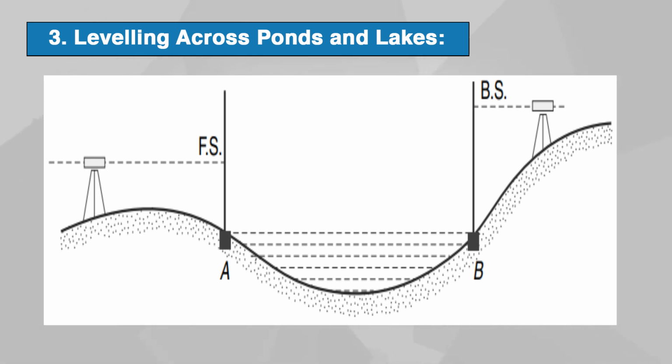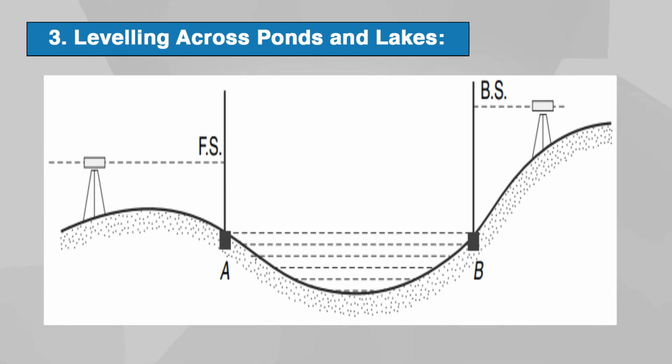Now, the next one is leveling across ponds and lakes. When a pond or lake is too wide to sight across, drive two pegs, say A and B, on opposite sides, flush with the water surface as shown in the figure. Set the level on one side and take a reading on the staff at A. The reduced level of peg A, and thus the water surface, is known.